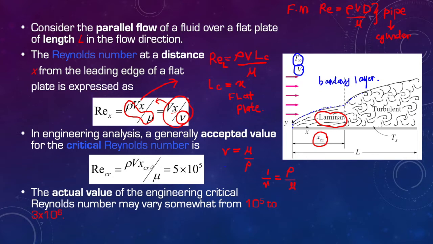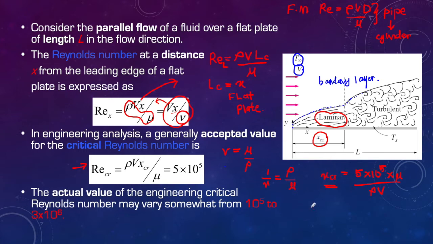Then rearrange this equation into X critical equal to 5 times 10 to the power of 5 times mu over rho V. And from this equation, you can find the value of X critical, or the length where the laminar flow occurs. Okay?